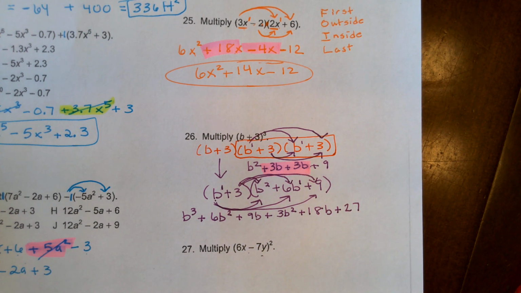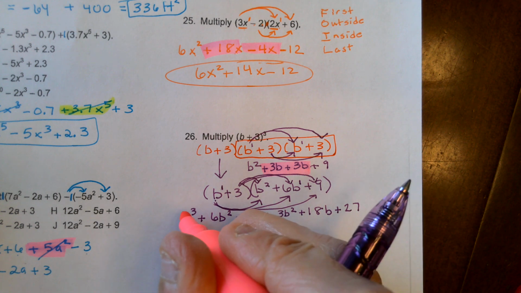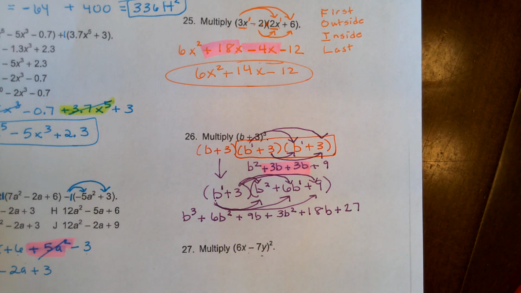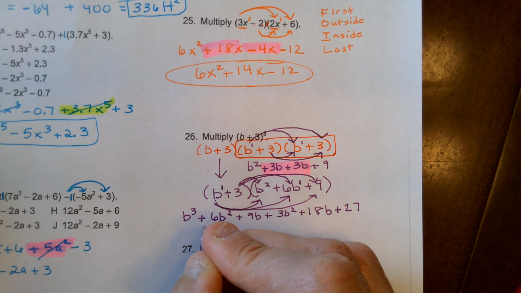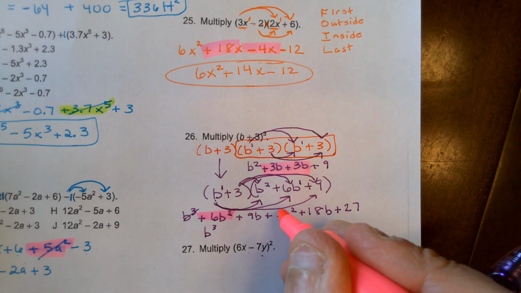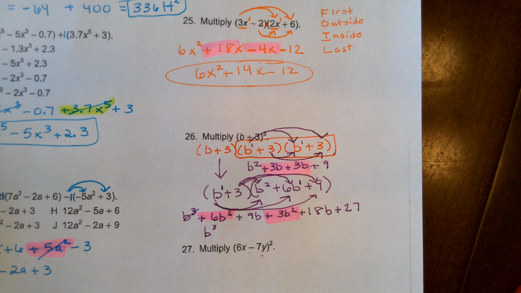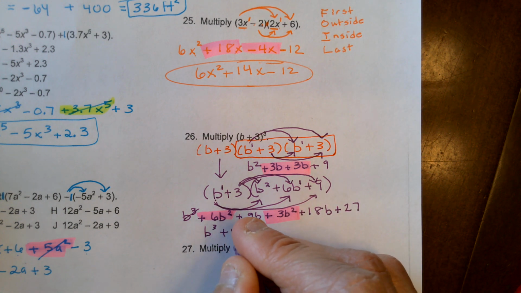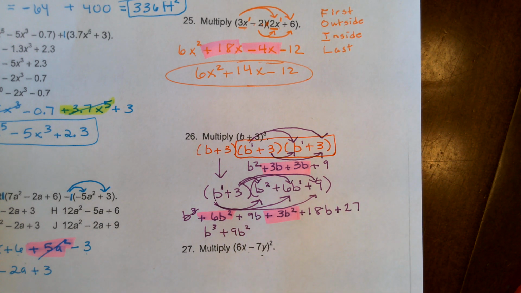Isn't it nice? There's no negatives to get you all mixed up in this one. Now we just have to make sure we put all the things together. So are there any other b to the thirds? No. Okay, cross that off. But there's a plus 6b squared and a plus 3b squared. So I've got a plus 9b squared.